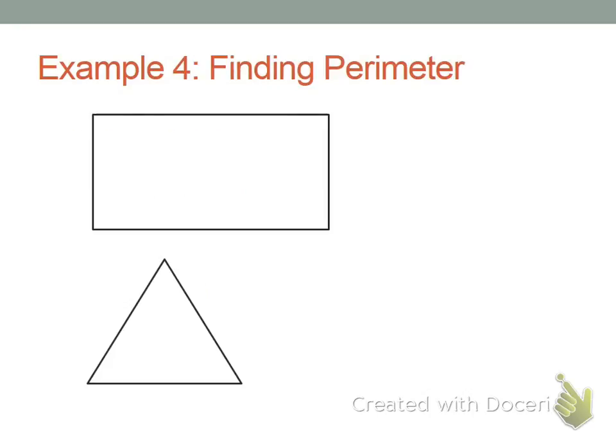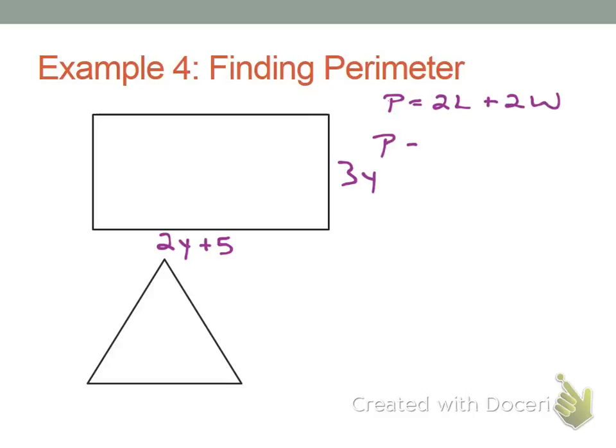All right? Last example, finding perimeter. Okay, now when I'm finding perimeter, let's say I've got 3y, and over here I've got 2y plus 5. Well, what is the formula to find the perimeter of a rectangle? P equals 2 times the length plus 2 times the width.